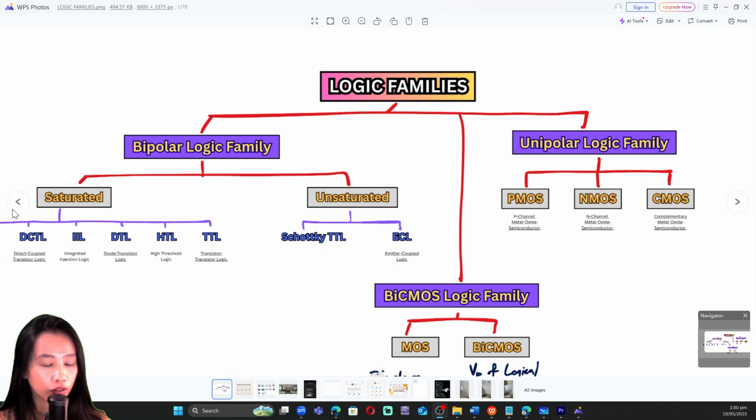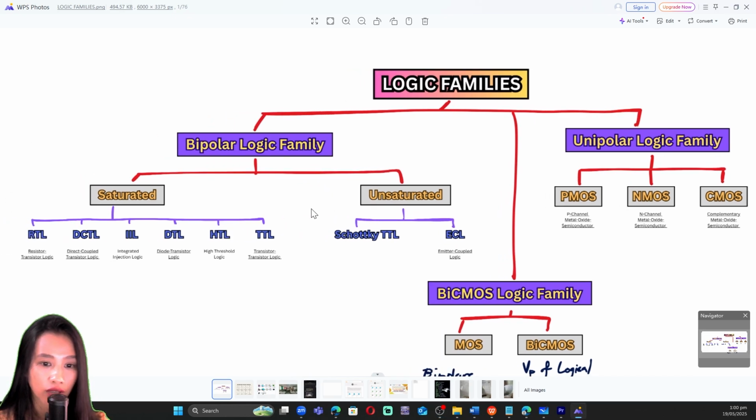families, yung bipolar logic family natin, we can think of them as three different ways kung paano tayo gumawa ng mga switches. For example, the first one is yung bipolar logic family. It's our basic. Yan, yung mga basic switches natin. They're usually using BJTs as switching devices. So we have two types of bipolar logic family, the saturated and the unsaturated.